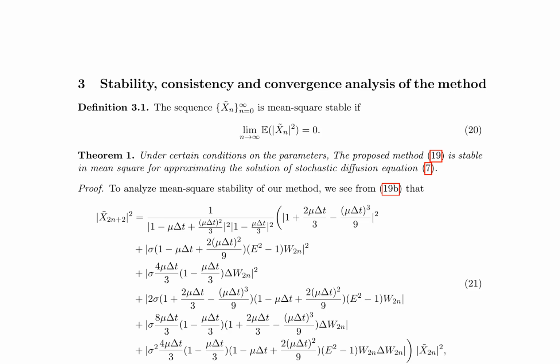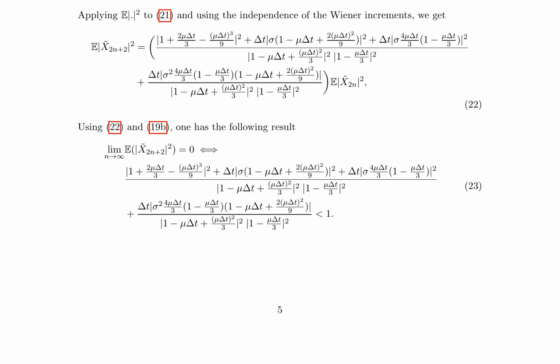Applying the expectation operator E to the expression for x_{2n+2}, utilizing the independence of Wiener increments, leads to equation 22, a recursive relationship between E|x_{2n+2}|^2 and E|x_{2n}|^2.